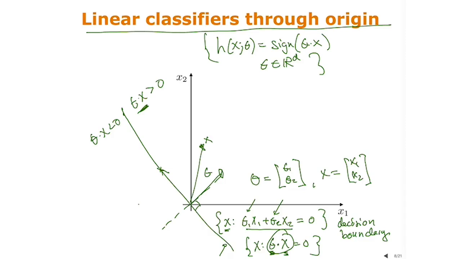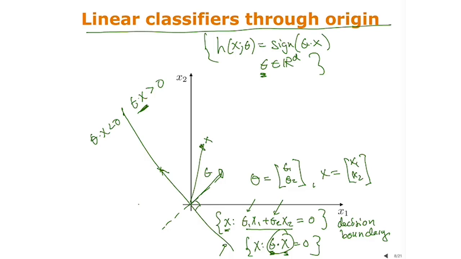So if you try all the parameter values, you will get different classifiers, and all the classifiers that you can get by varying the parameter theta are linear classifiers, and the whole thing is the set of linear classifiers. All right, note that this association between the classifier and the parameter vector theta is not unique.